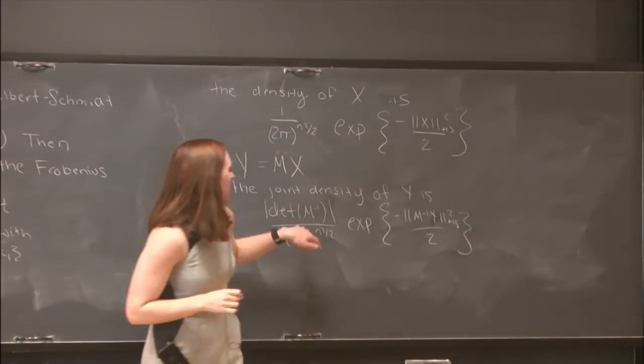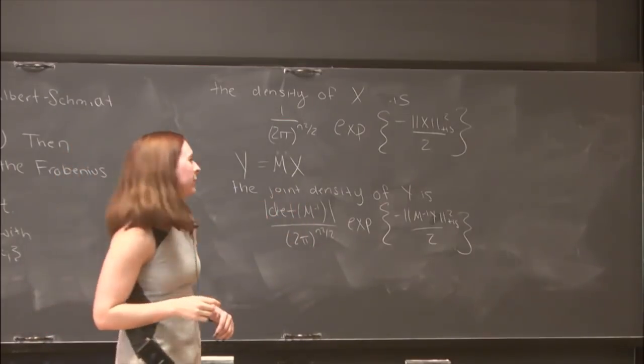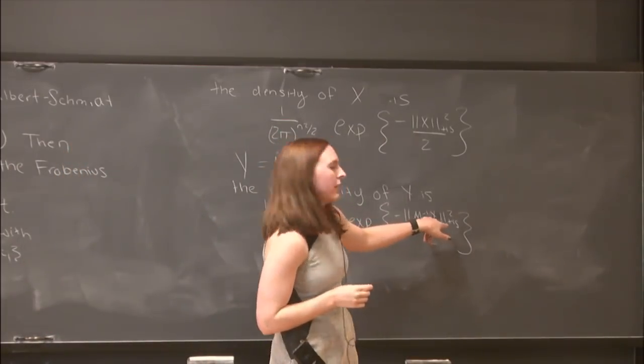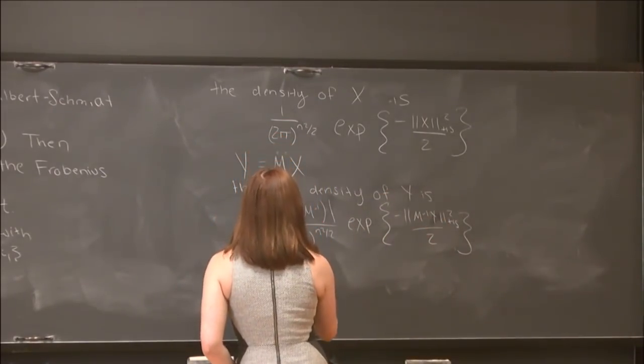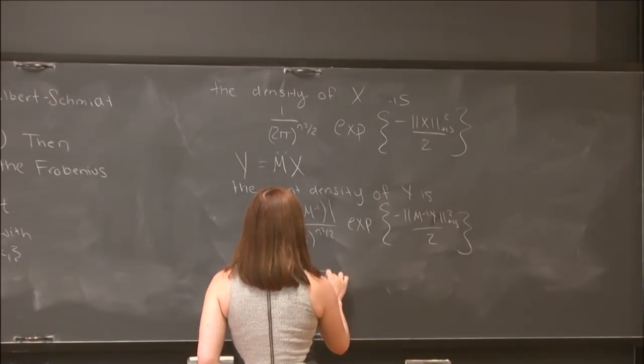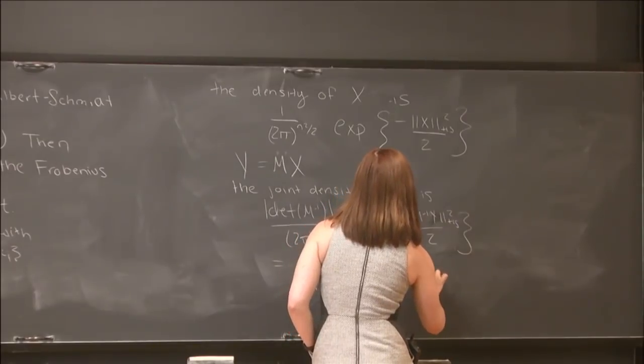Because M is an orthogonal matrix, the determinant of M inverse is just 1. And again, because it acts as a linear isometry, it doesn't change the Hilbert-Schmidt norm when I multiply by M inverse. So this is exactly the same as the density of the entries of Y itself.